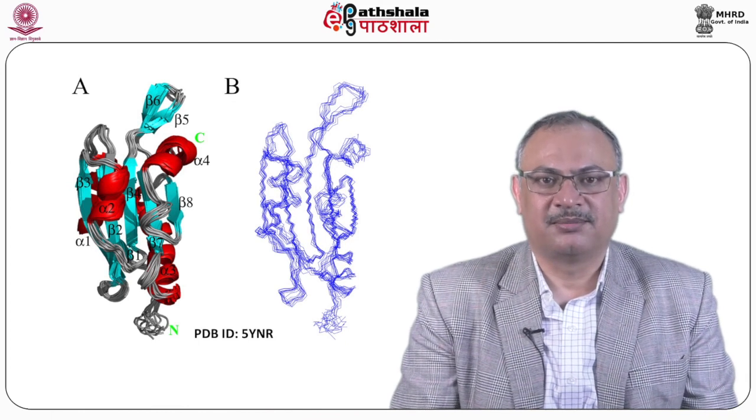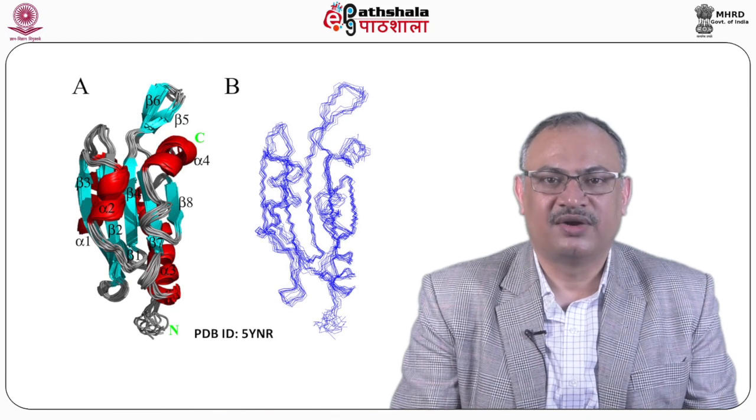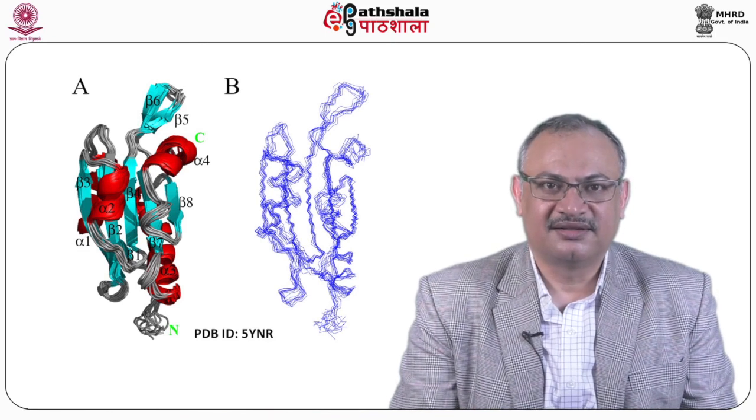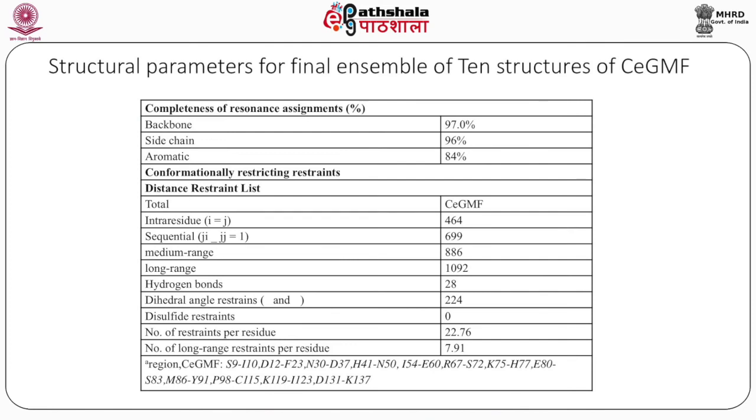This structure has been deposited in PDB and has the ID 5YNR. You can see in red are the alpha helices and in cyan are the various sheets. Next. So, the NMR structure is an ensemble of structure solutions that come from the structure calculating program.